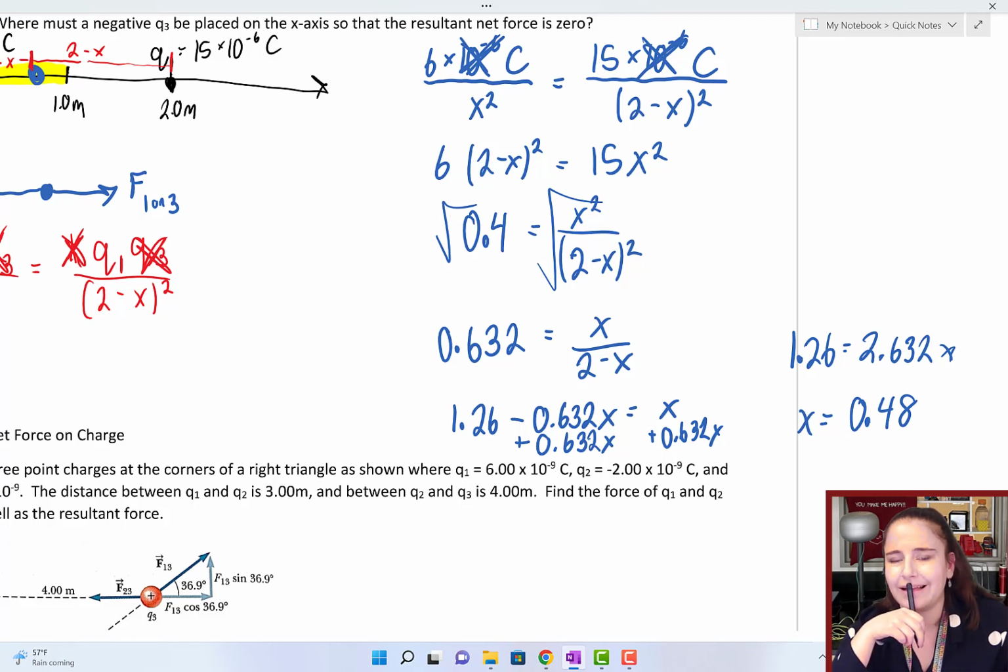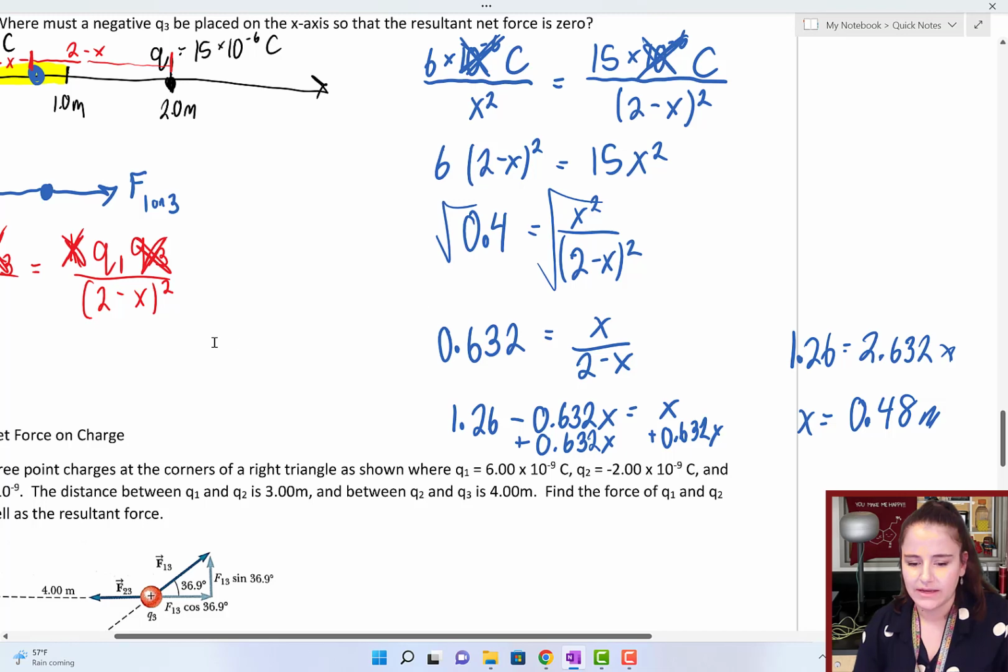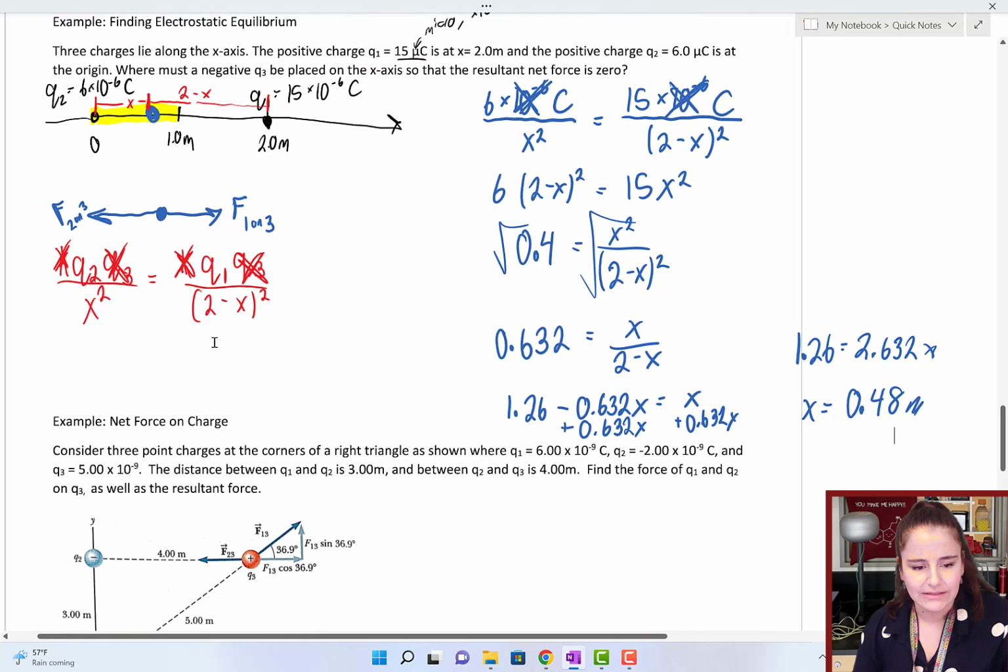I'm not going to lie, I feel like I messed up on my math somewhere. But 0.48 meters is in our range, so it is what we expect. But I feel like I got 0.78 last time.